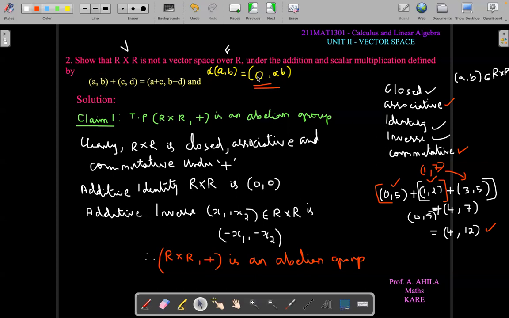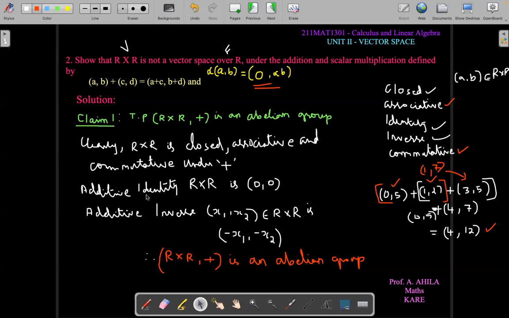Here this is 0. So there is no change in claim 1, because in claim 1 we just have to prove R cross R comma plus is an abelian group. So here with respect to this addition alone we prove abelian group. So there will not be any change in claim 1. As usual, we prove that this R cross R is closed, associative and commutative as per the previous problem.